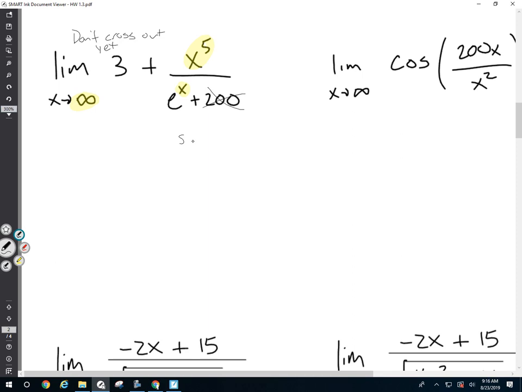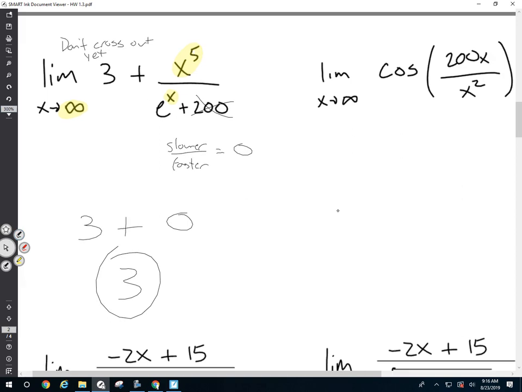The 200 is not going to matter. Slower over faster approaches 0. So it's essentially 3 plus 0. The 3 does matter because that's my answer. Now, if it's 3 plus infinity, the answer would be infinity, and the 3 wouldn't matter. So that's why we're going to be careful.